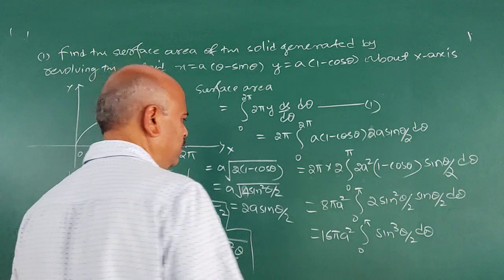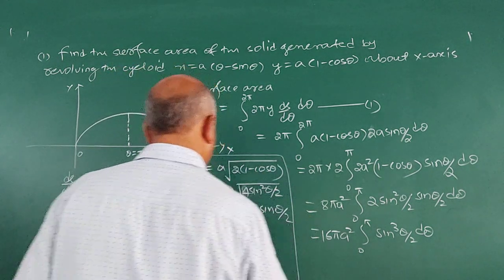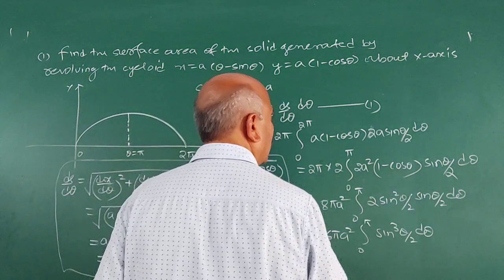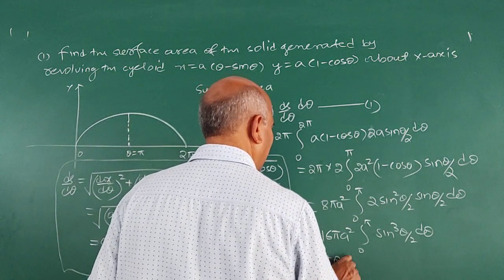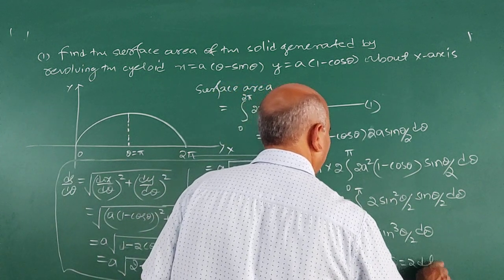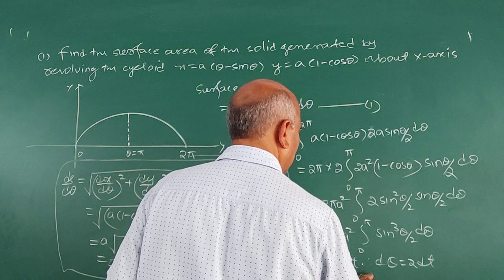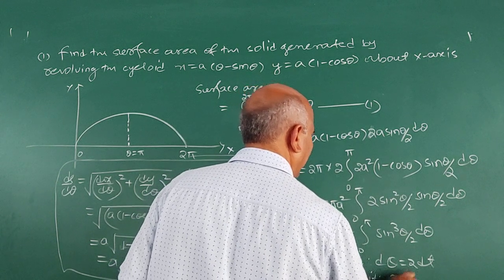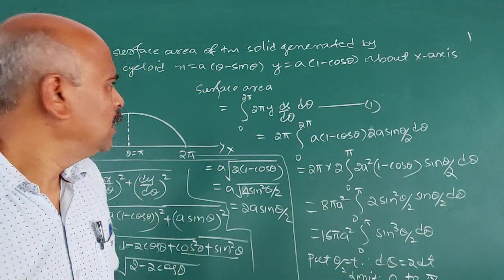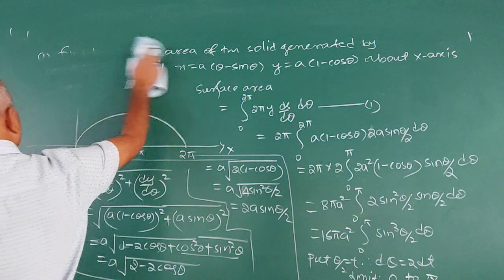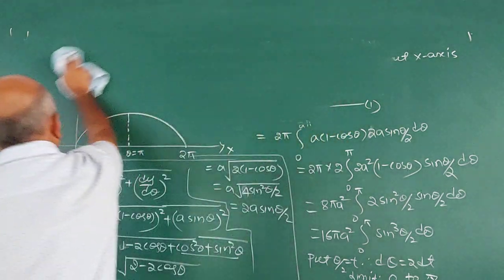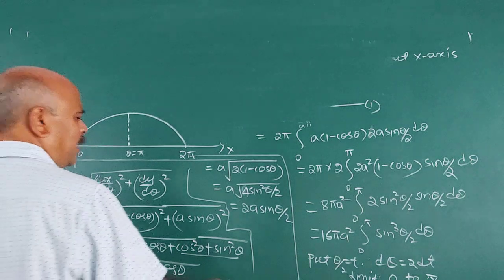Sin cube theta by 2. Now to evaluate, we use substitution here. What is the substitution? Put theta by 2 is equal to t. Therefore d theta becomes 2 dt and the new limits become 0 to pi by 2.